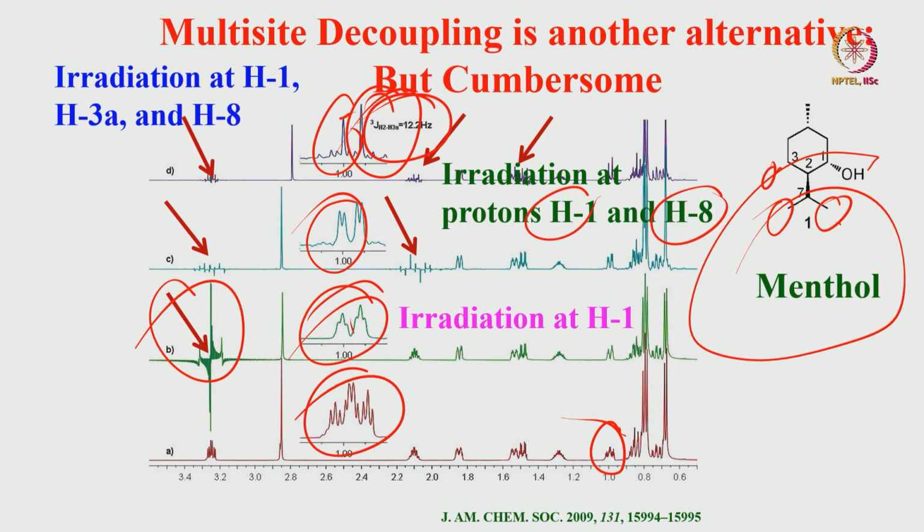See, this is very easy. What we did is multi-site decoupling. We irradiate RF power simultaneously at three protons, and every time we saw a change in the complexity pattern, and finally we get a doublet like this to measure the couplings in a straightforward manner.